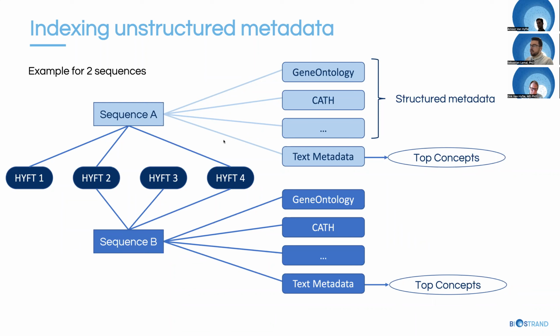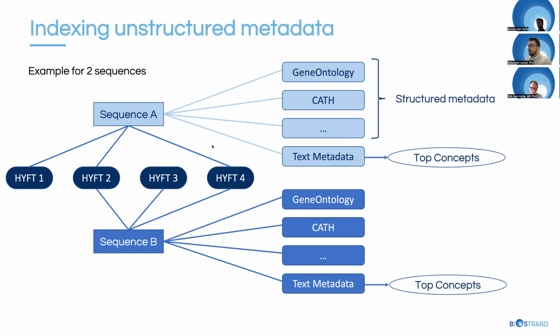Associated to each sequence, you can have different annotations, like gene ontology annotation, structural annotation from CATH, etc. There is also unstructured metadata, for example the sequence descriptions that you can find in a FASTA header. What we identify as structured data is all the data for which you have a database that puts this data in relationship with each other. And the textual metadata is still quite valuable if we want to extract information from it.